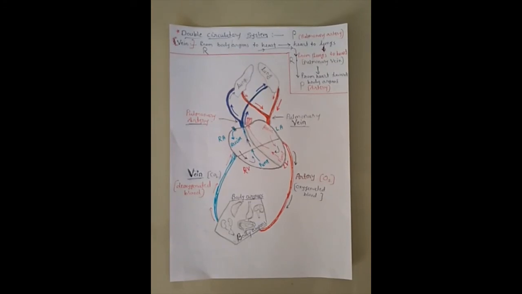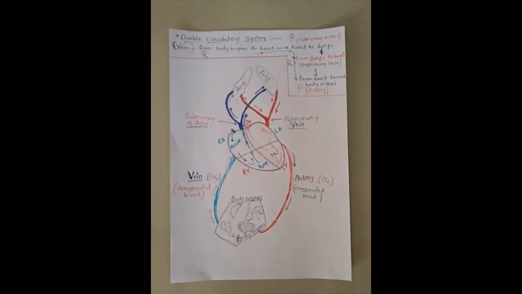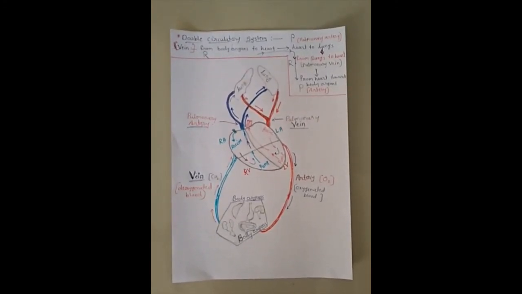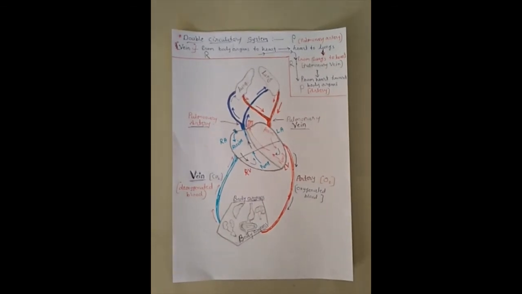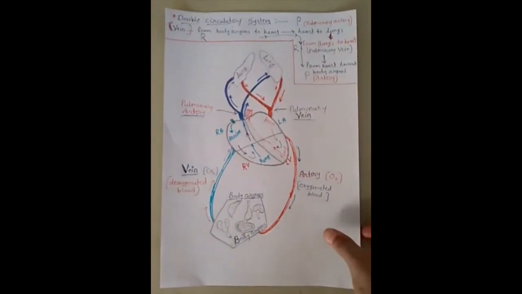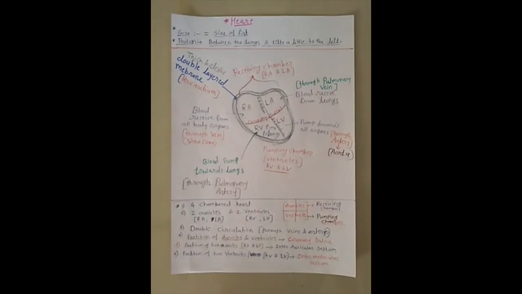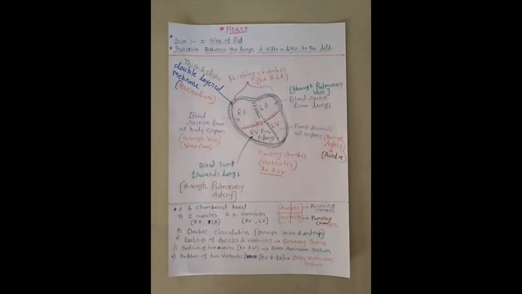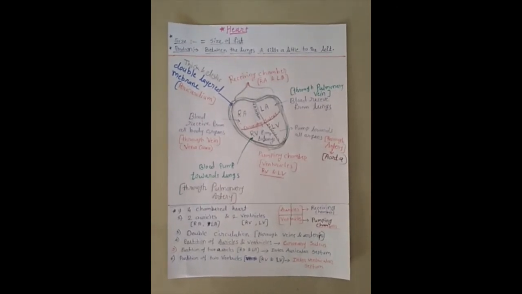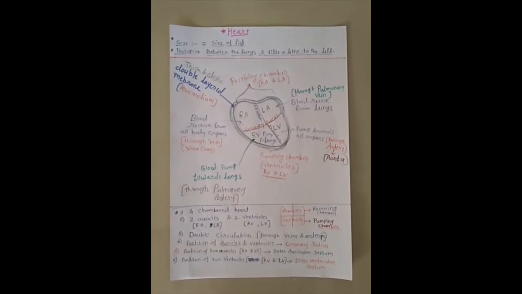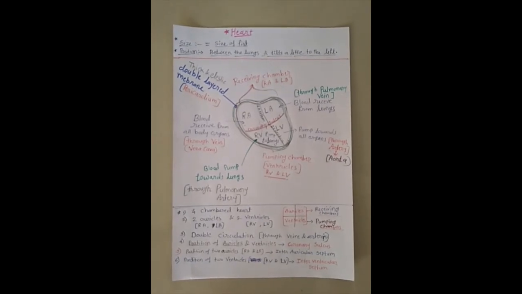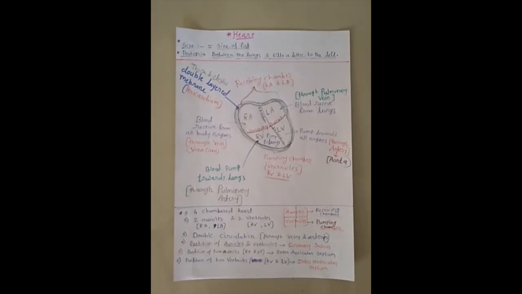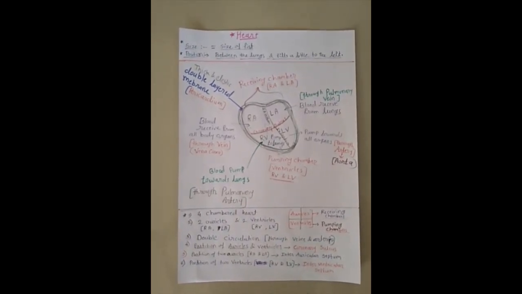You can understand the circulatory system or circulation of blood very easily from this diagram. And this is the diagram of the heart. The structure of the heart you can understand very easily from this diagram, and you can write all those points in your notebook. Draw this diagram also. Okay.